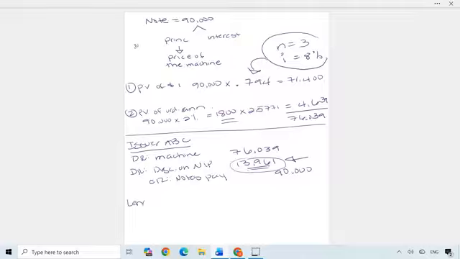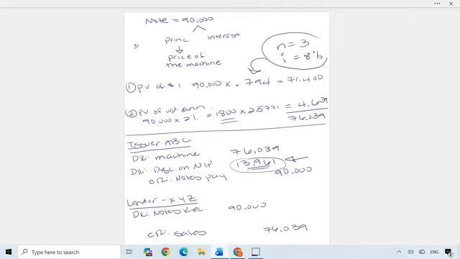Let's go look at the lender of this. This is XYZ Corp. They're going to debit notes receivable for the full face amount of the note, which is $90,000. They're going to record sales revenue for the cost of the machine, which is $76,039.